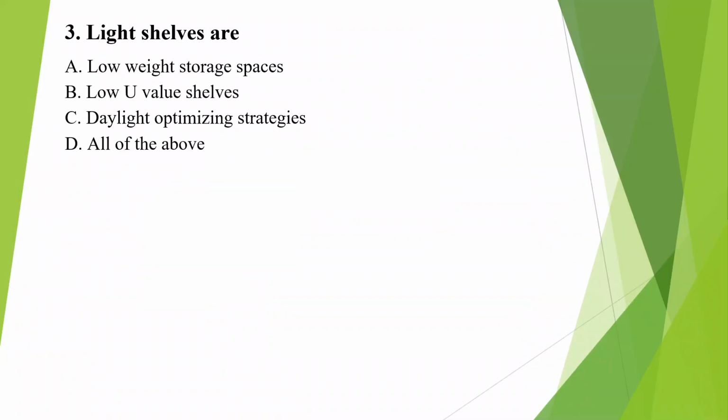So here's the third question then. The third question is asking about light shelves. This question also we have discussed in one of the problems in today's problem solving session discussion. In the sample problem we have discussed these light shelves are useful for either low weight storage spaces, low U value shelves, daylight optimizing strategy, or all of the above.